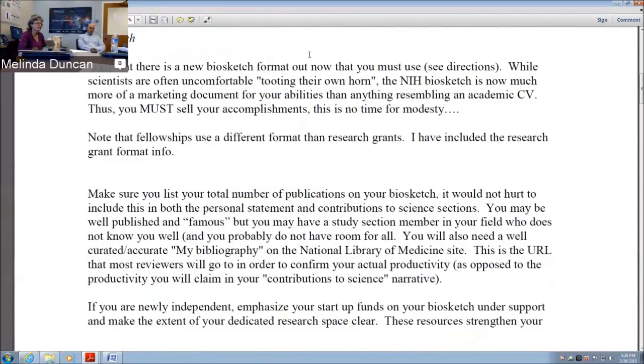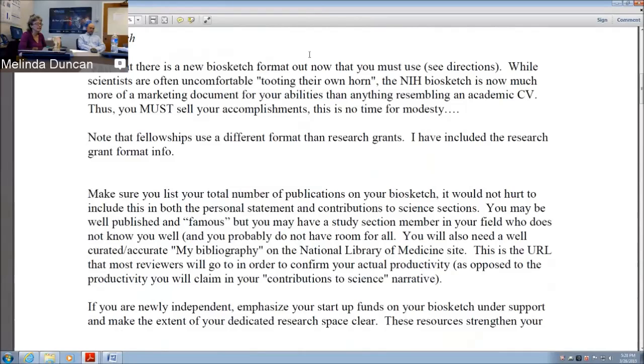And if you oversell your accomplishments, people don't believe you, and there's skepticism about it. However, the new Biosketch format really forces you to lay out your scientific accomplishments, look at what you have added to the field, and really sell it.